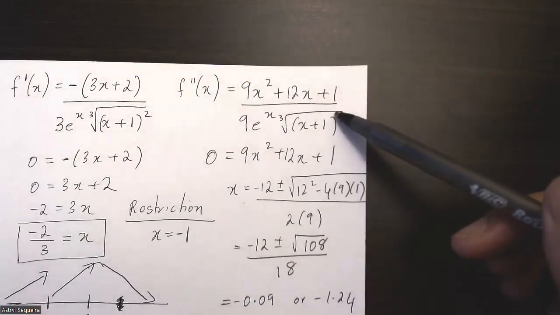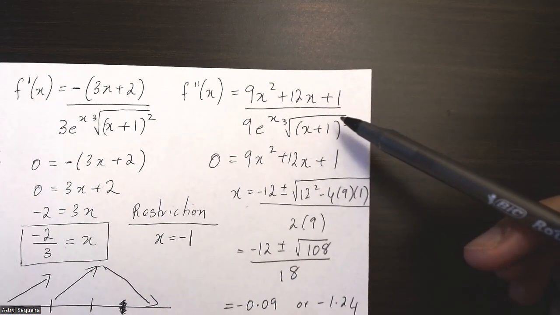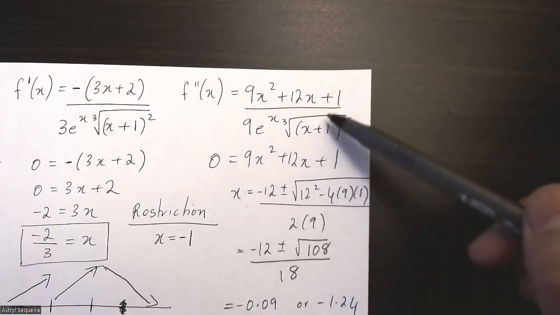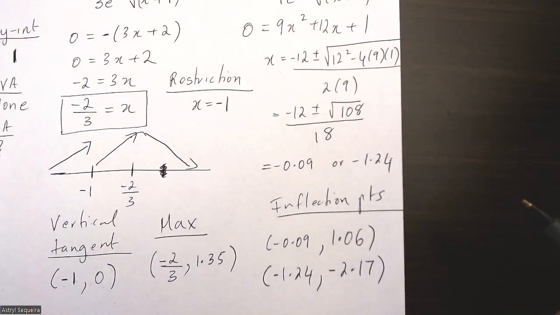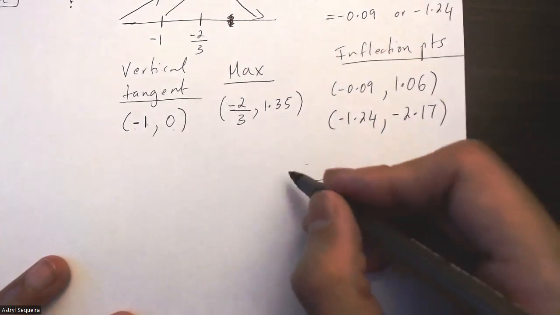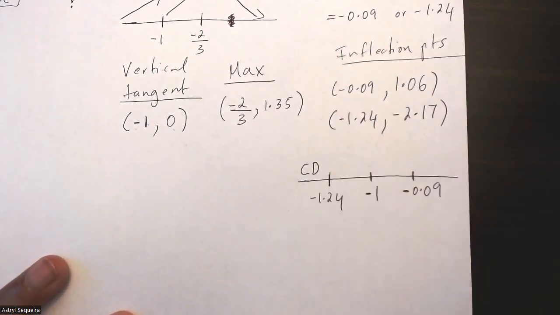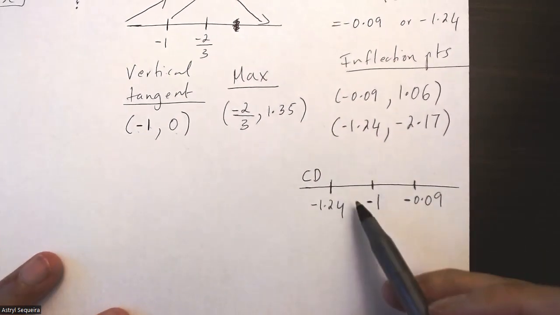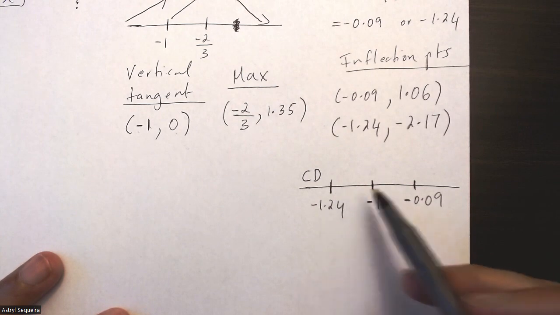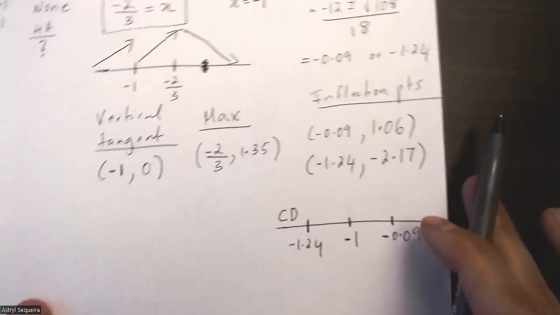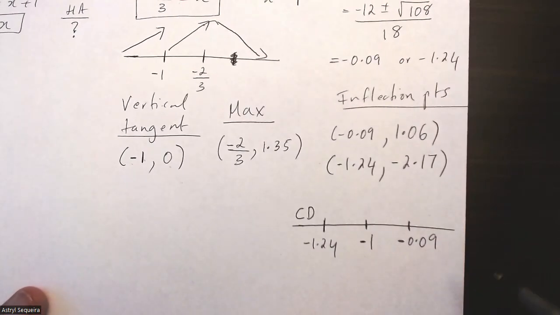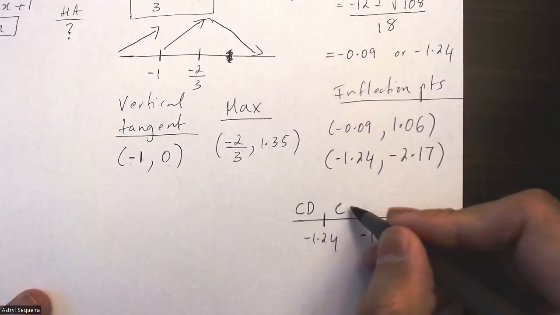I'll pick a value lower than this, sub into my second derived equation. So if I sub in negative 2 into this whole equation over here, I will get a negative value, which means it's concave down. Next, I'll test negative 1.1. If I sub in negative 1.1 into this equation, I'll get a positive value, which is concave up.